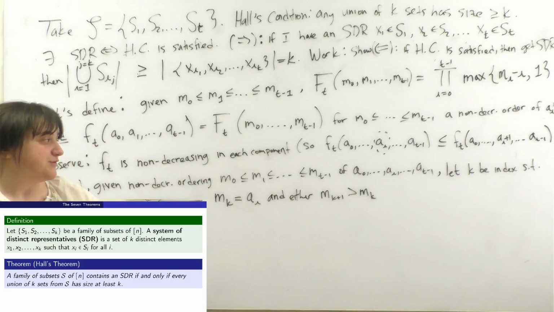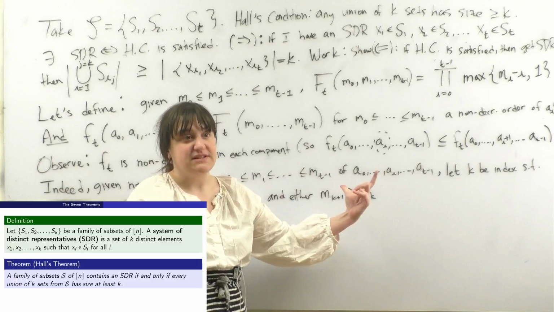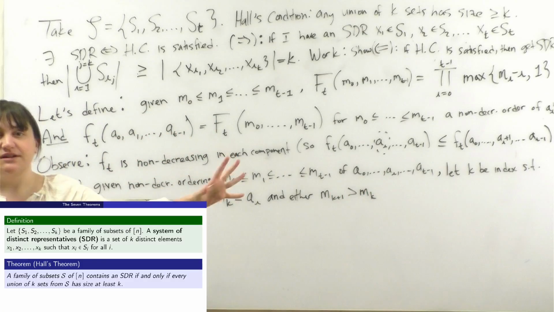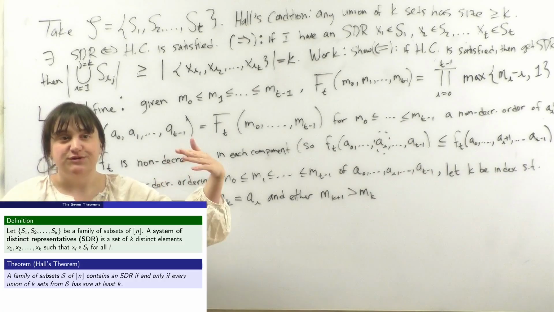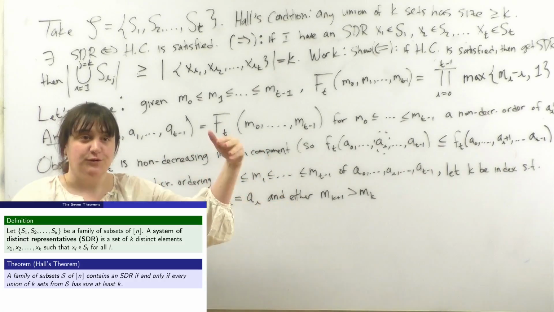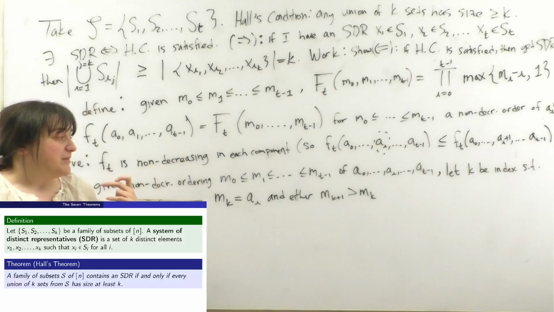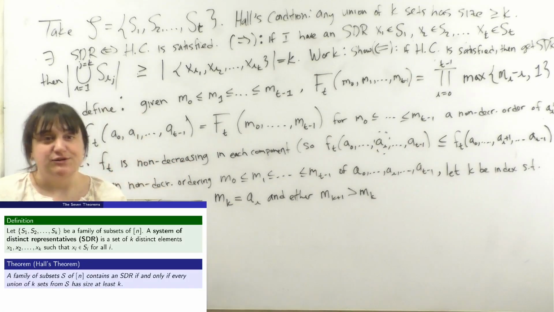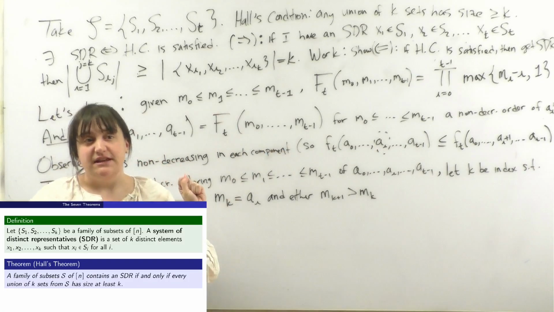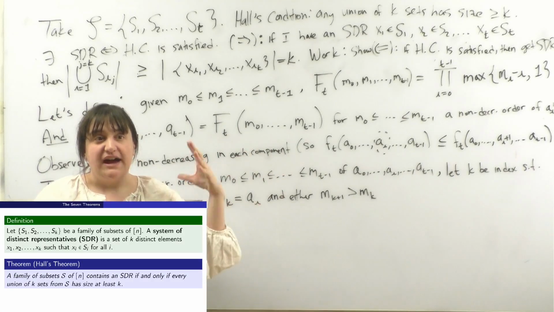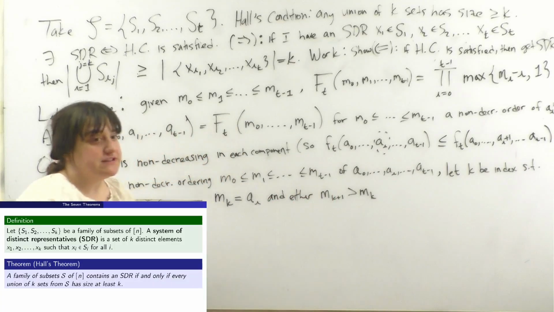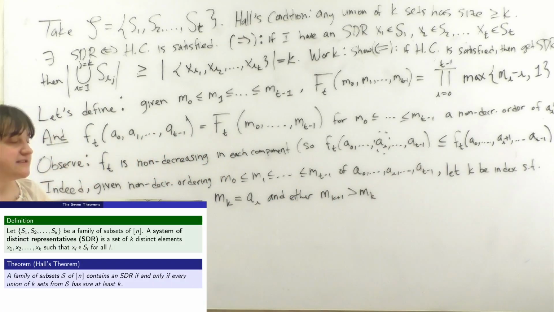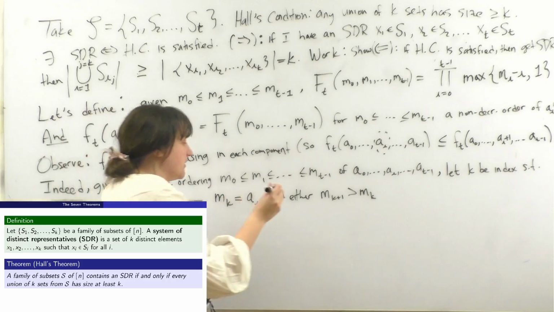So if I have a bunch of repeated numbers in this list, then when I order them in non-decreasing order, maybe it looks like 1, 1, 1, 1, 1, 1, 1, and then I jump up to 2, 2, 2, 2, 2, and then maybe I jump up to like 4, 4. But I basically want to say a_i is getting associated with the last thing in the list which has the size of a_i, which could look like it's some m_k in this ordering, and then m_{k+1} is strictly bigger.